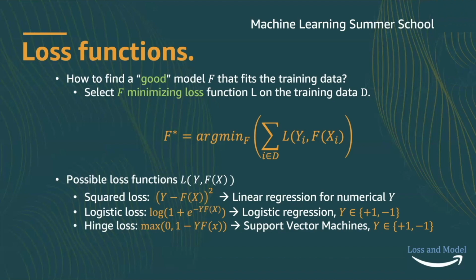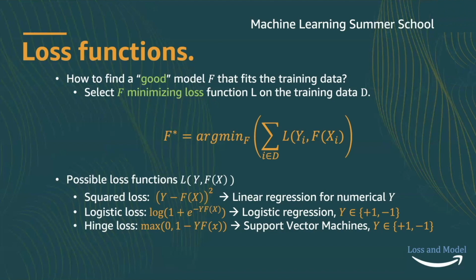Because we eventually want a very good mapping that will tell us whether it is useful for us to make predictions or not. So we use what is called a loss function, which will tell us how good or bad a particular F is.